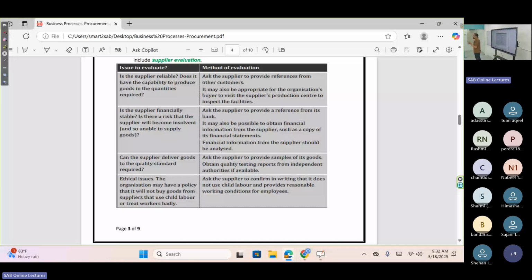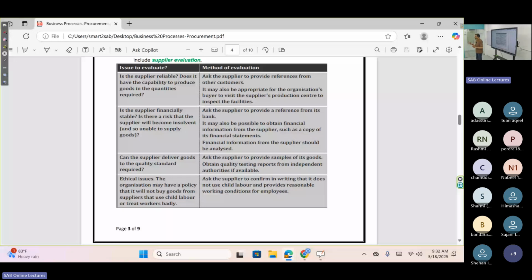Then will he deliver the required quantities? Visit the plant factory to evaluate.